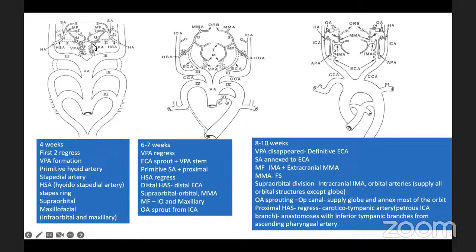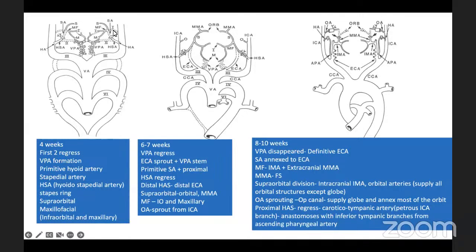There is one small outpouching here, the ventral pharyngeal artery, which persists. The first and 2nd pharyngeal arteries regress, and the proximal remnants form the primitive mandibular artery and primitive hyoid artery.